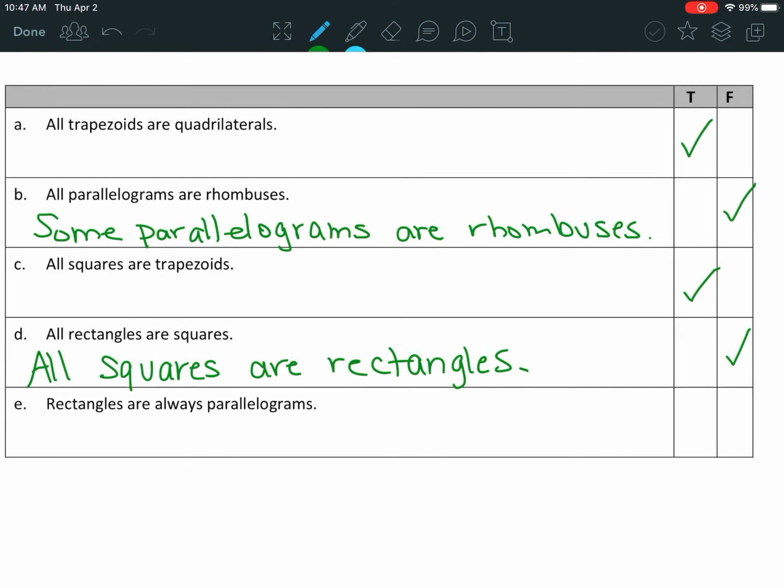Now, all squares can be rectangles because a square has all the same traits as a rectangle, but a rectangle does not have four equal sides, so all rectangles cannot be squares. E says rectangles are always parallelograms. That is true.